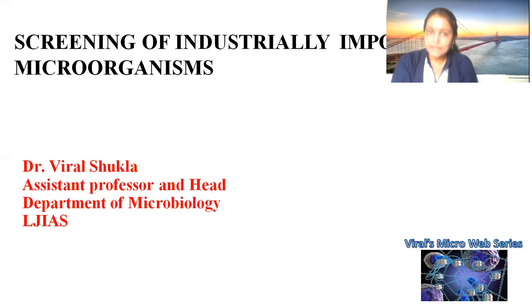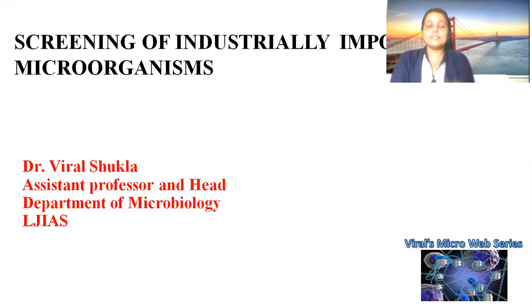So for that you have to follow secondary screening, right? So this is the concept of secondary screening. During primary screening, you have isolated and detected the particular group of organisms which is able to produce a commercially valuable product.